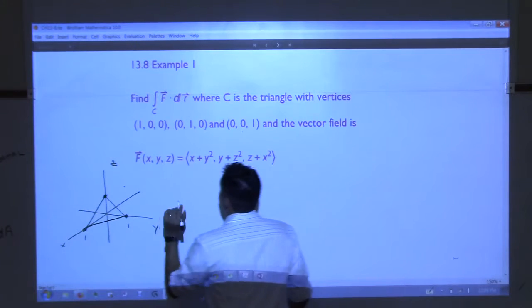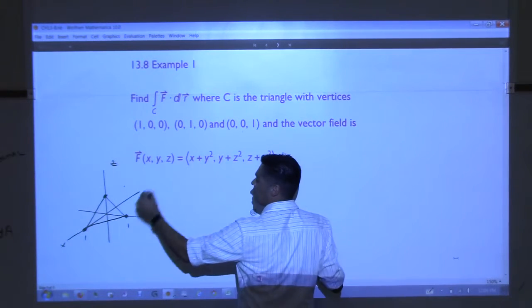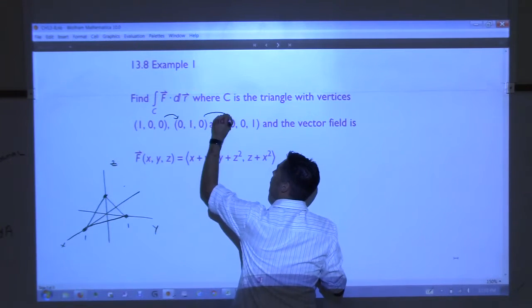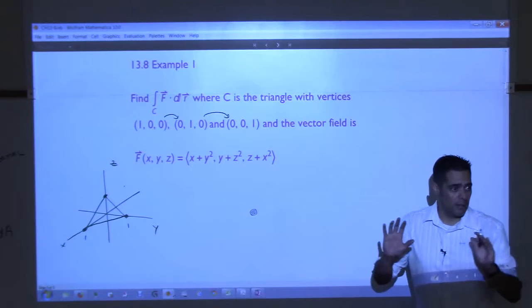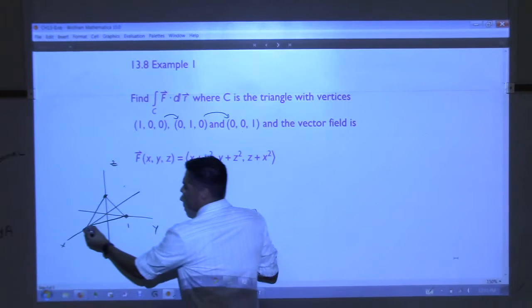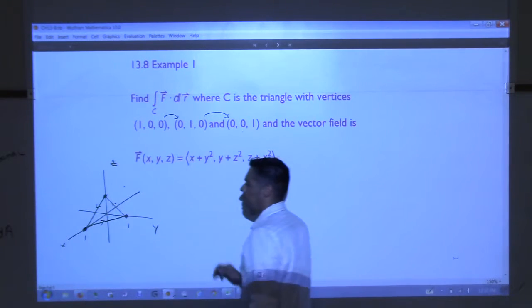This is our triangle. And I need to add something here for you. I want us to basically go along this curve from that point to that point to that point. So I'm telling you that. Okay, I forgot to state it in the problem. Okay, so we're going to be moving along from here to here to here to here like that.